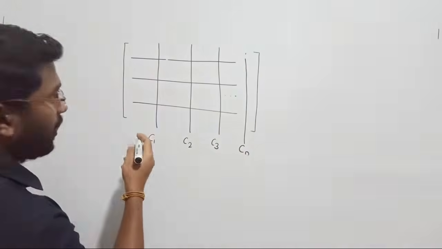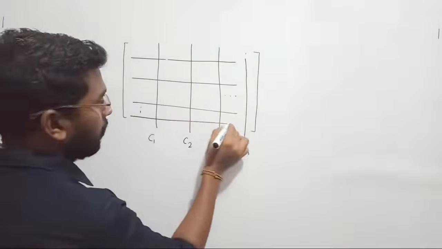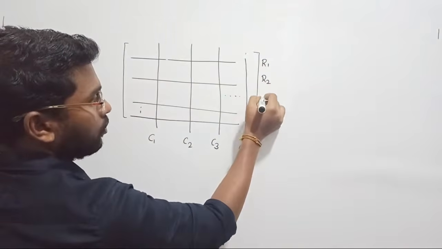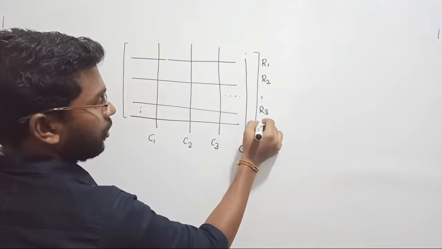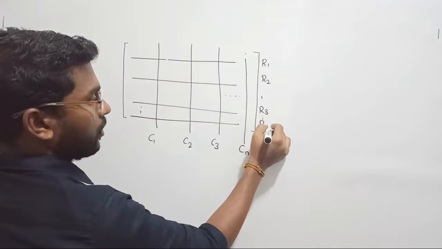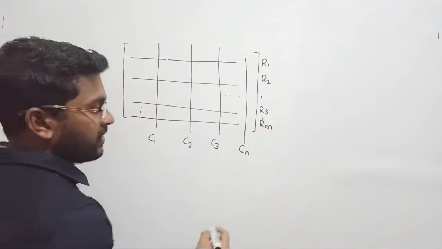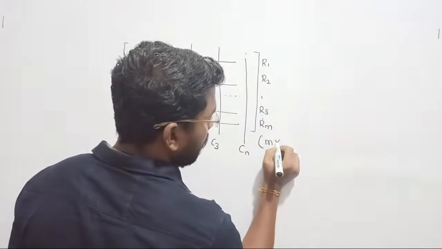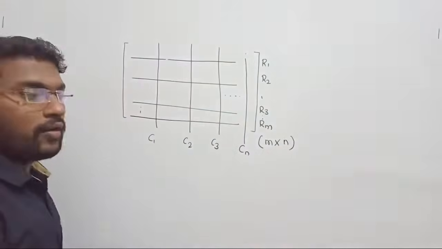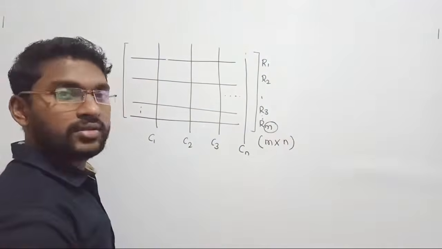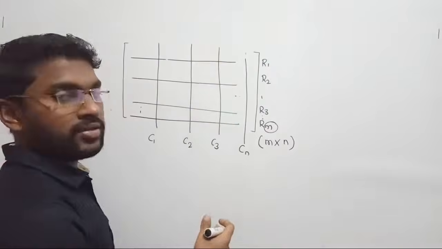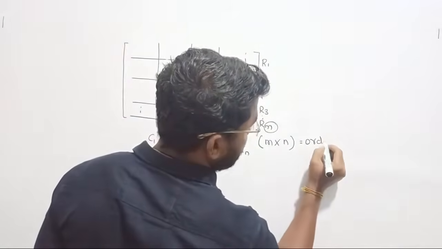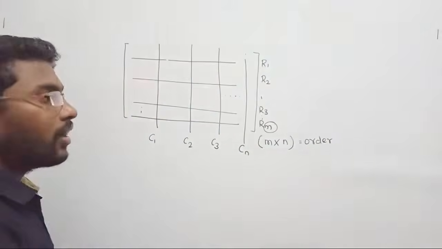Similarly, you can go up to m number of rows. Let me define row R1, row R2, row R3, like that up to row Rm. Clear? Such that the order of the matrix is defined as number of rows into number of columns, where m denotes the total number of rows and n denotes the total number of columns. That is going to be the order of your matrix, right?